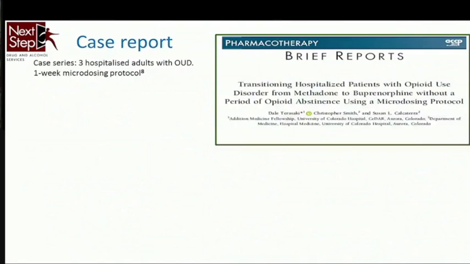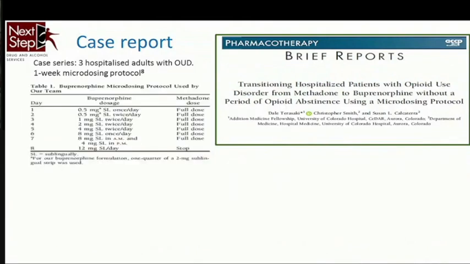The second case report is about 3 hospitalized patients, so we look at using it in a hospital setting. Again, the use is dependent on resources and regulatory issues as well. These were 3 hospitalized patients with opioid use disorder who were prescribed methadone. This was the dosage regimen they used, and it has become more or less the standard microdosing regimen across the board.